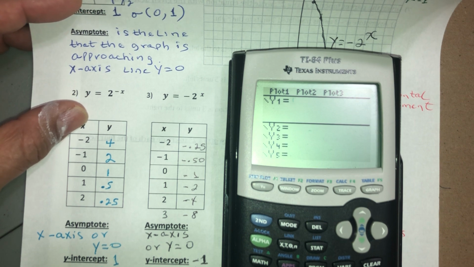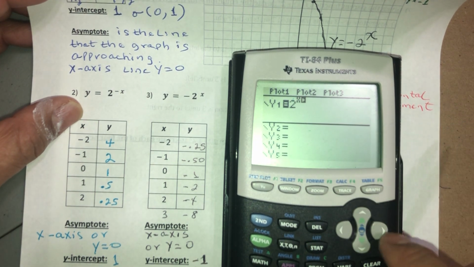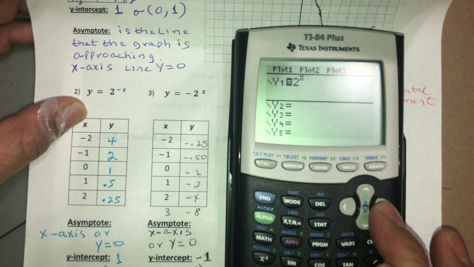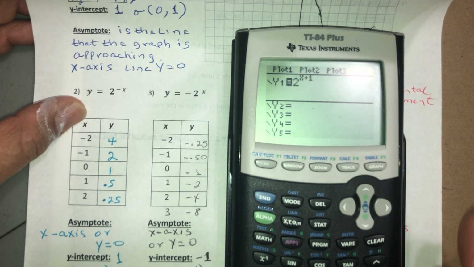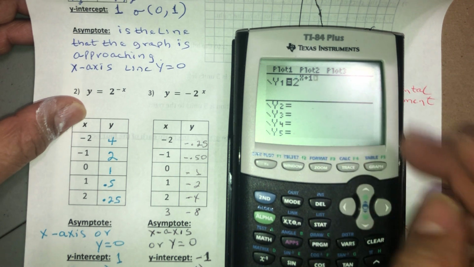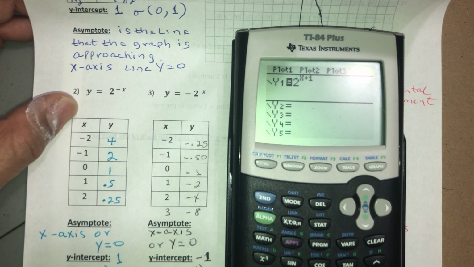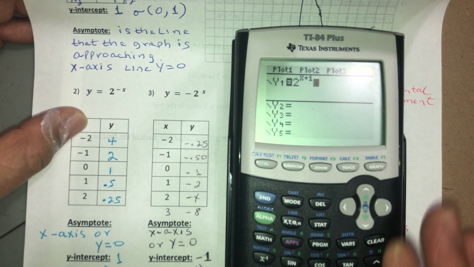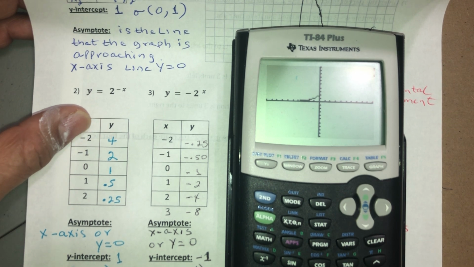So we're going to go 2, up arrow, x. I'm not going to use this button right now because the +1 is next to the x. So I'm still going to be typing +1. If there were another number on the bottom, then I would exit out. But remember, if it's up, don't exit out until you enter all the numbers that are next to the x. So I'm going to graph, so you can see how the graph is going to look.